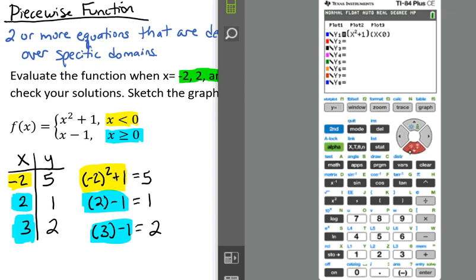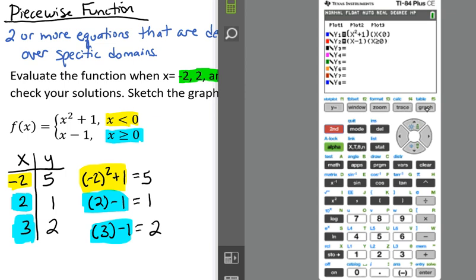We'll go down to the next line, same thing, parentheses, x minus 1, close parentheses, open parentheses again, x, and we need the greater than or equal to sign this time, so we're going to go to test, so second test, and we're going to put in our greater than or equal sign, and then our 0, and then we're going to go to the table.